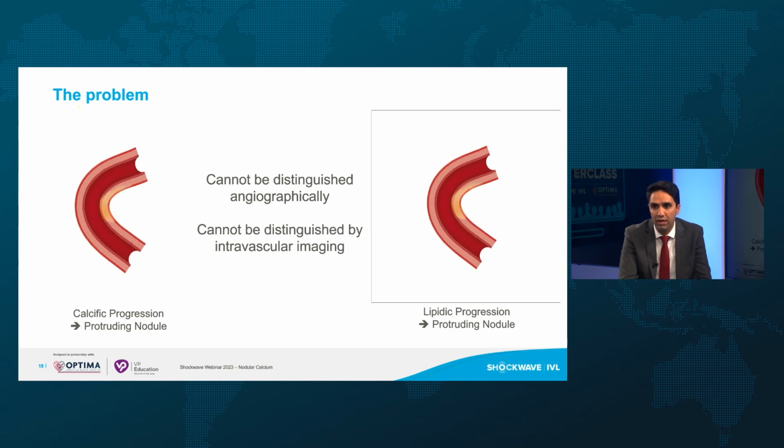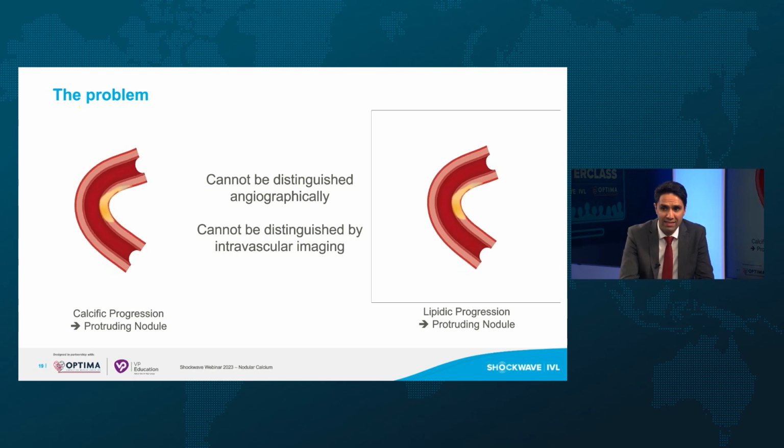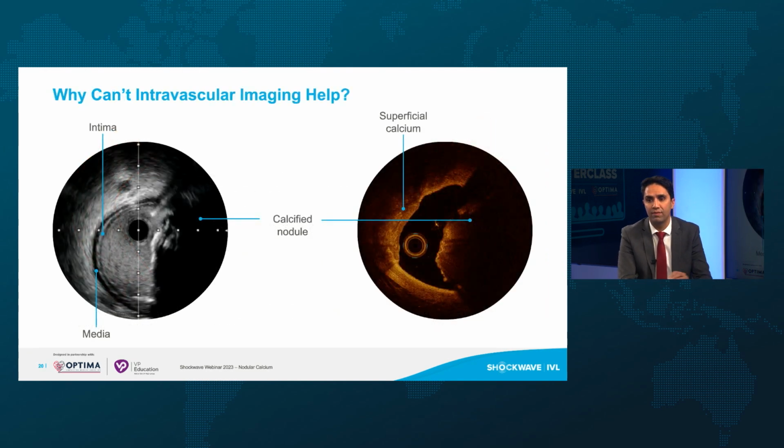Here's the problem. We cannot distinguish angiographically whether a protruding calcified nodule is on a lipid base or whether it's simply a progression of calcification. And unfortunately, we can't distinguish this by intravascular imaging as well. It does, however, have critical clinical implications because the behavior of these nodules is completely different.